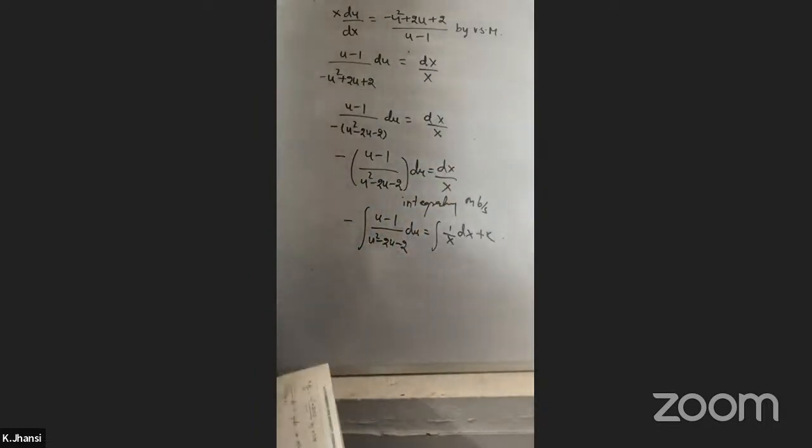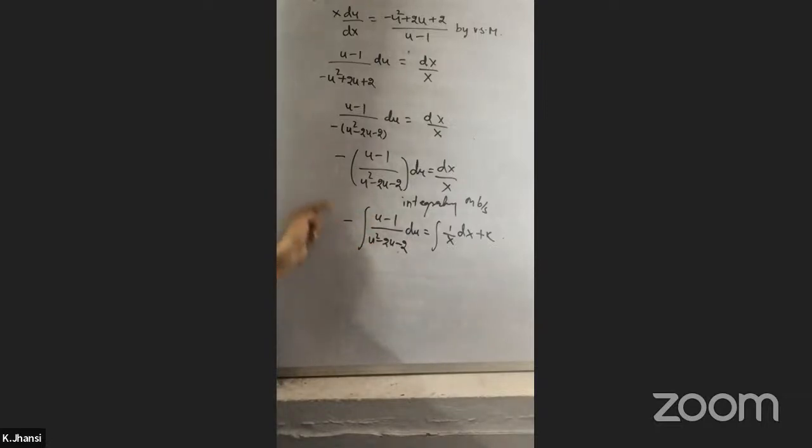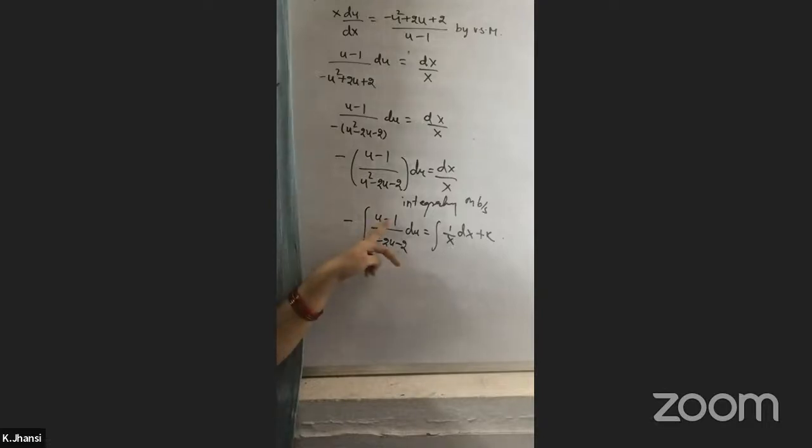Now we can convert this. We have seen one formula from the start, that is integration of f dash of x by f of x is equals to log f of x plus c. So here you can convert this one. Why? Because you can't do direct integration of this one. So you have to convert it into another method. So here u square, differentiation is 2u, and minus 2u, if you do the differentiation, you will get here 2.